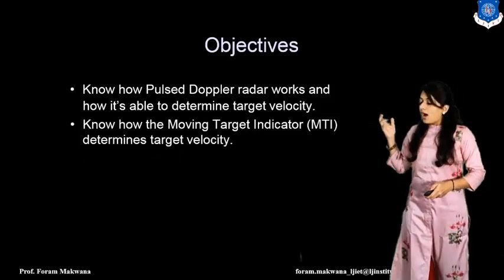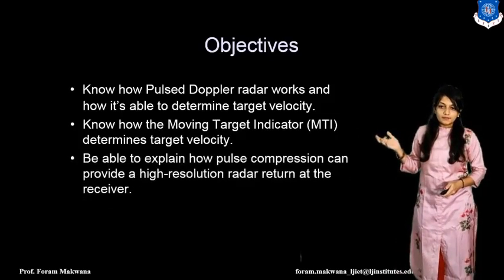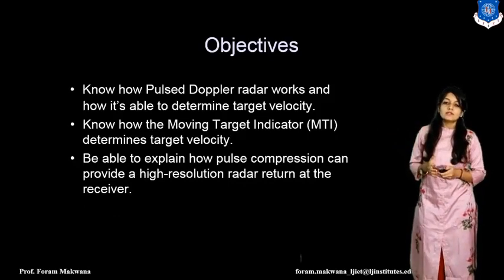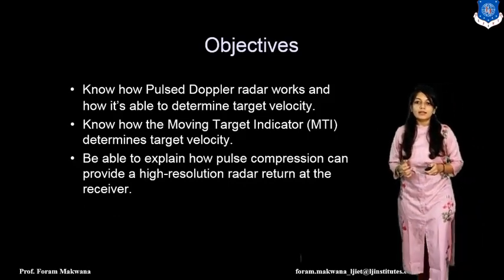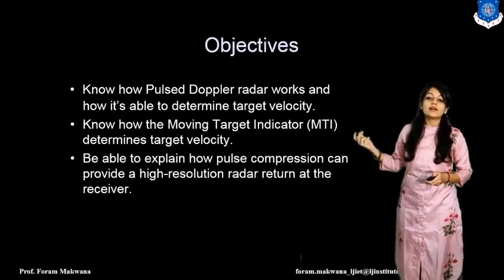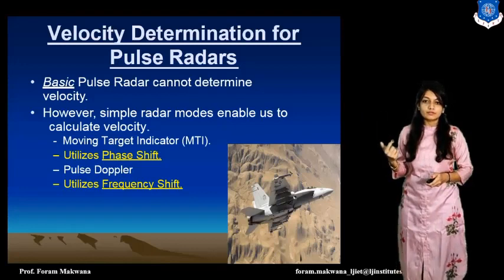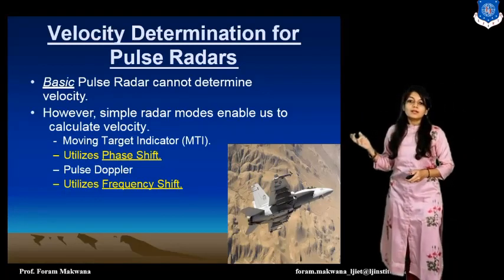So how will MTI determine the target velocity? First we need to understand how pulse compression occurs, and based on that we provide a high resolution radar return at the receiver. Right? So, velocity determination for the pulse radar.